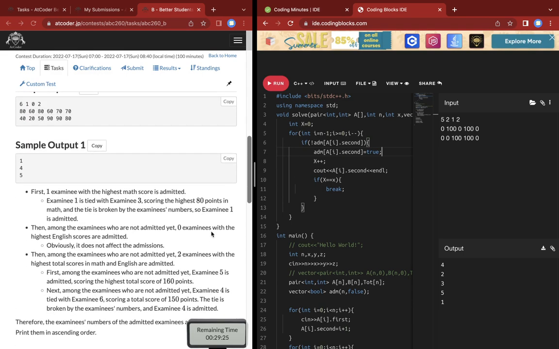Four two three five one according to my code. Let's see the order in this one. 145 should be the order. Wrong answer.